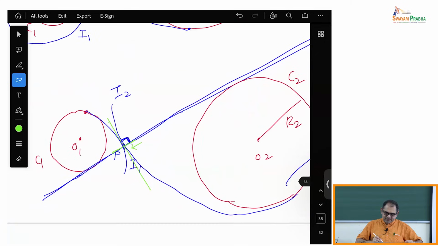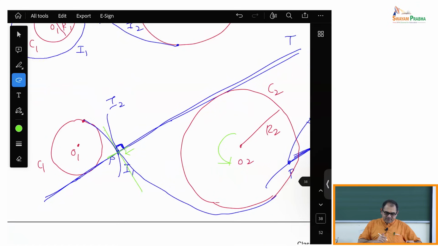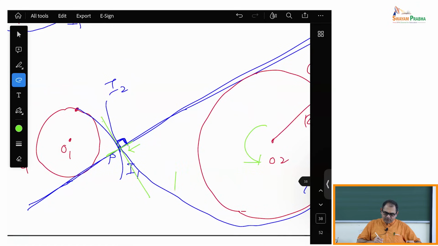And what is important here in this picture is this point P was arbitrary. So if I started moving this, suppose I started moving it like this, then this I2 will start moving down like this, and it will push I1 like this.